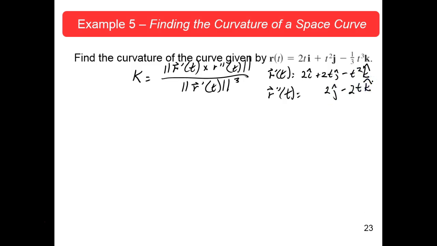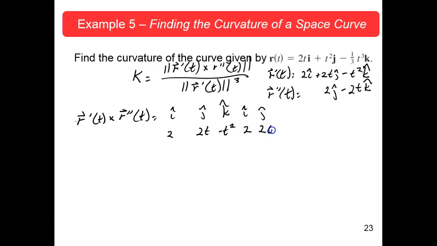Now, what do you want to do next? You've got a couple of options. I did the cross product next. That's pretty easy to do, I think. Let's do it. R prime of t cross R double prime of t would be i, j, k, i, j. That's how I do it. Then the one that's listed first next: 2, t, minus t squared, 2 and 2t.